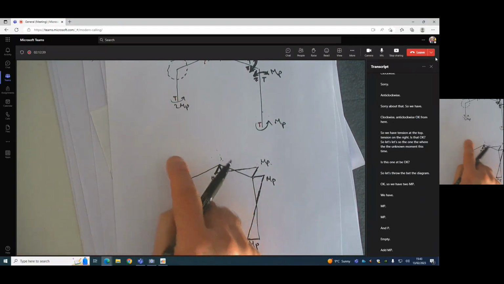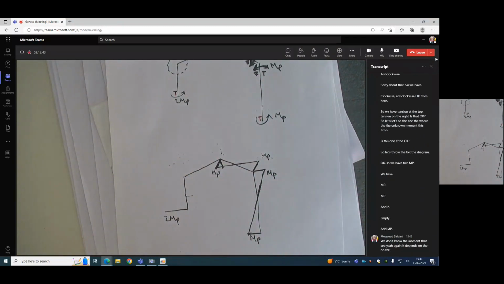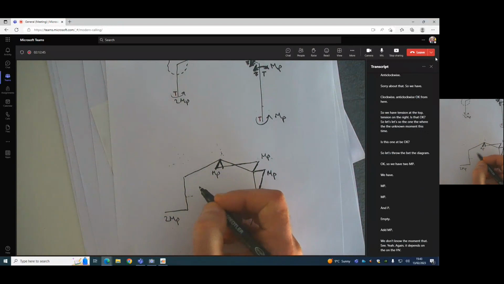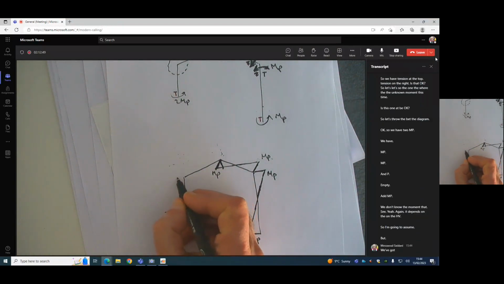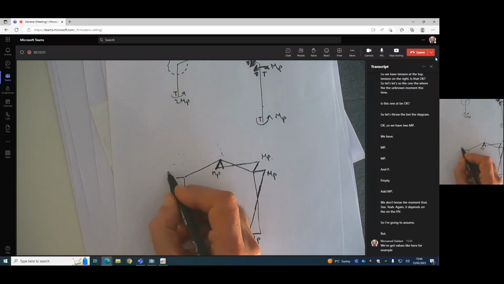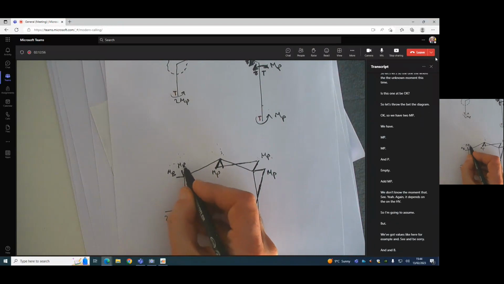We don't know the moment at C. Again, it depends on the H and V. So I'm going to assume that we've got values like here, for example, MB.